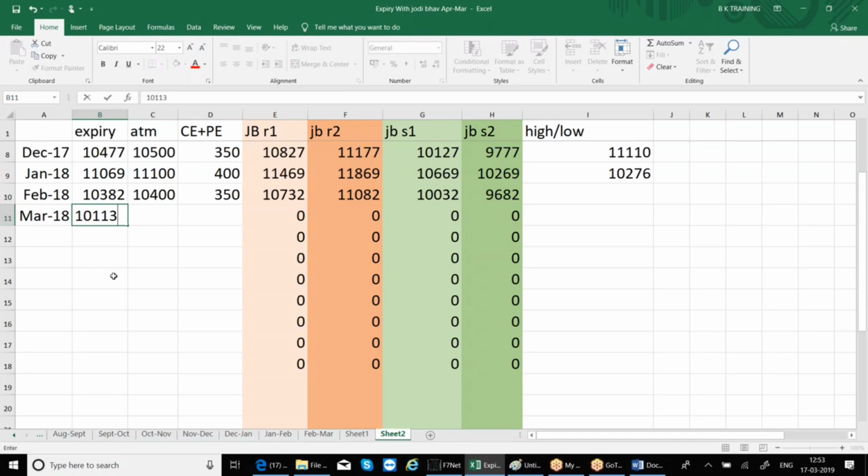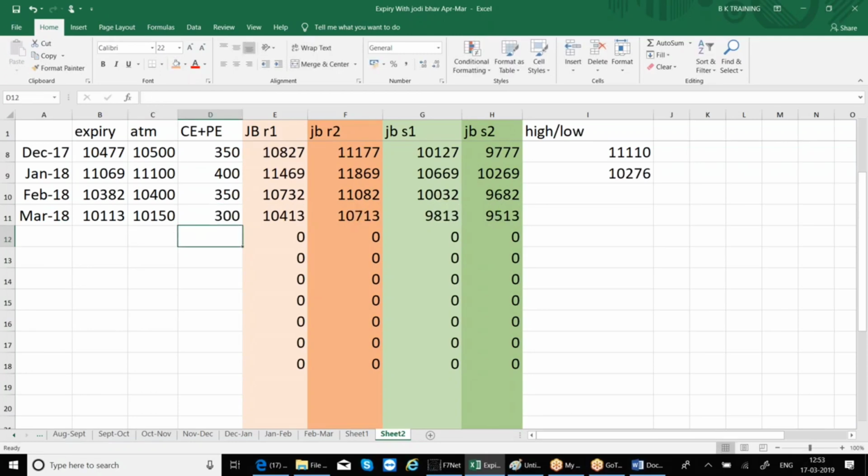राइट. तो यहां से 10,150 I can take as ATM. Again, it was around 350. You know what? The best part, everybody, it was 300 only now, because event was gone, everything gone, so it was this much. Everybody were waiting for what? 9,000, 9,500.